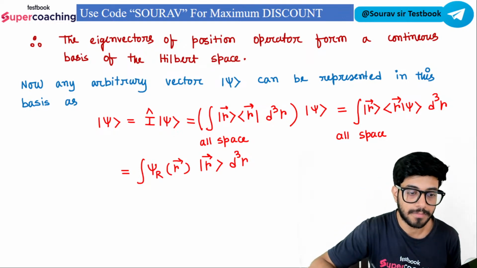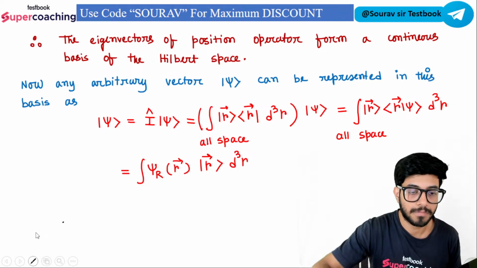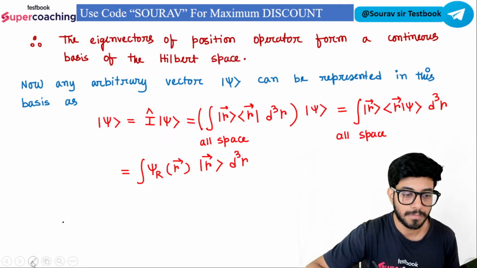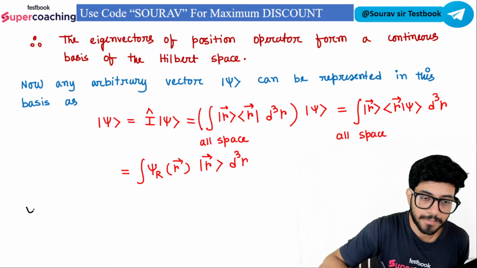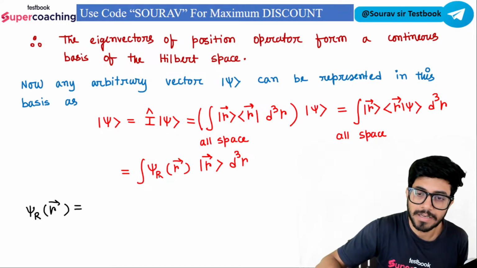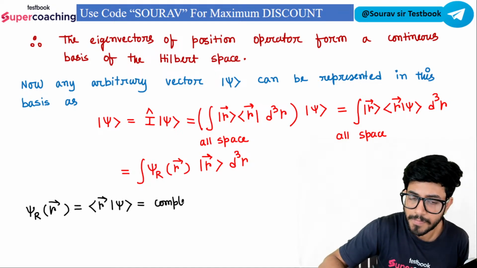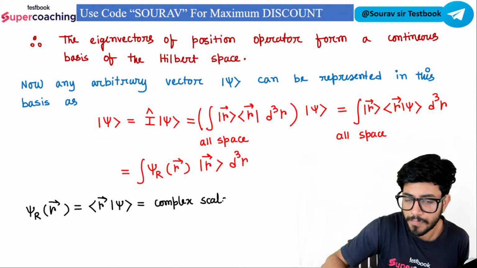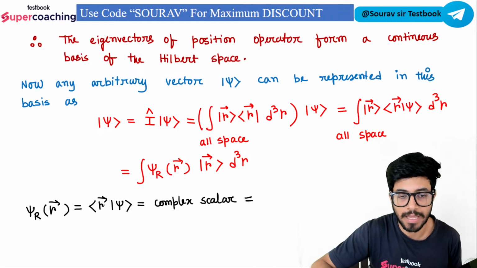So let me mention psi of r is basically the r vector inner product with psi, a complex scalar. That is the projection of ket psi along the direction of r.